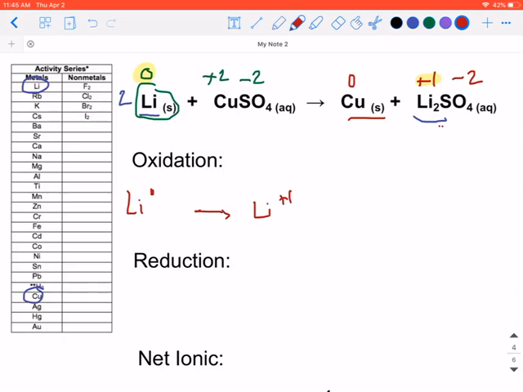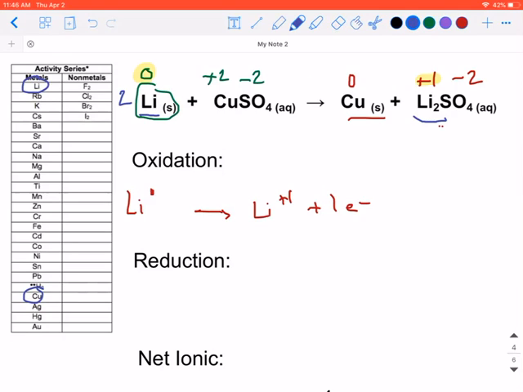And if you remember from my previous slide, I said if electrons are being lost, treat them as a product. So since we went from 0 to +1 and 1 electron was lost, I'm going to say +1 electron here. This might be where I do it differently than your teacher. It just depends on who you have as a teacher. Neither one is right or wrong. This is just the way I like to do it.